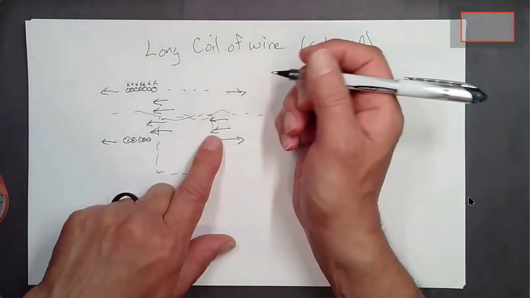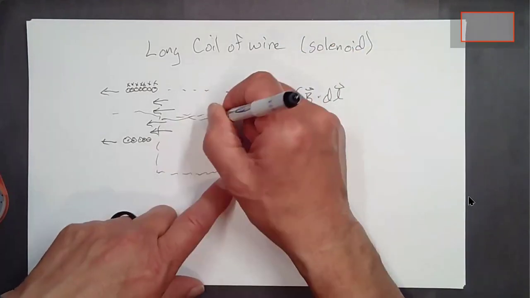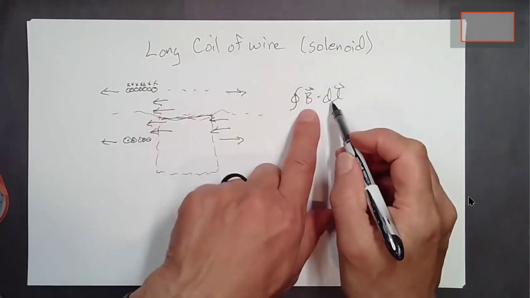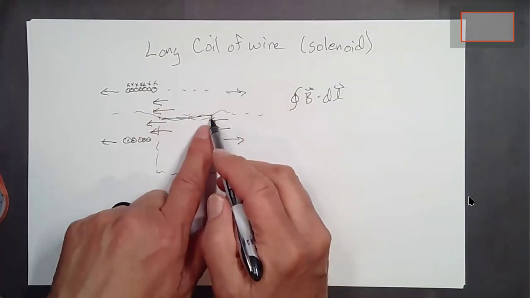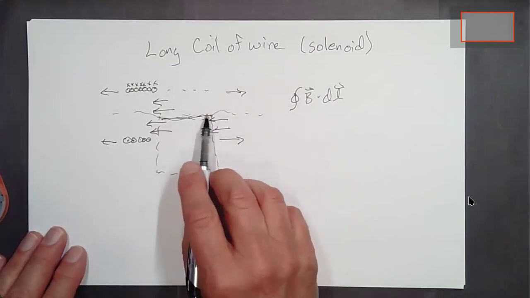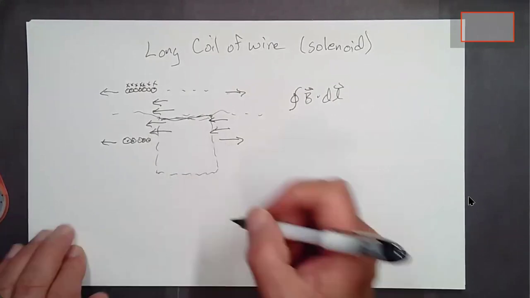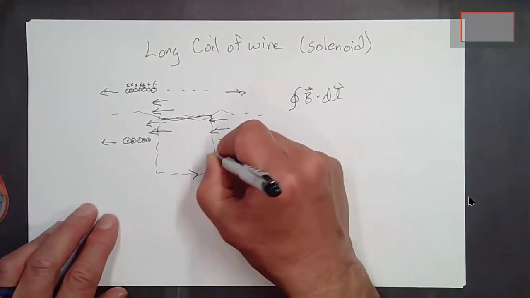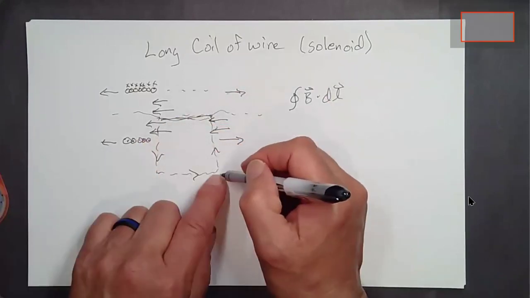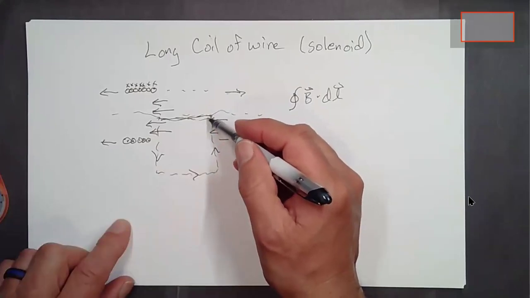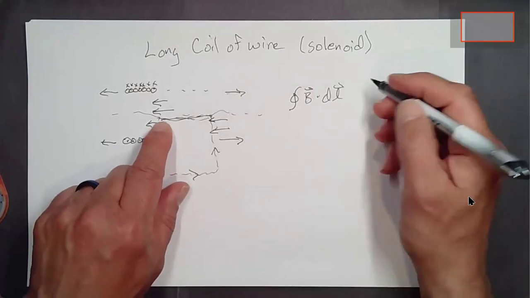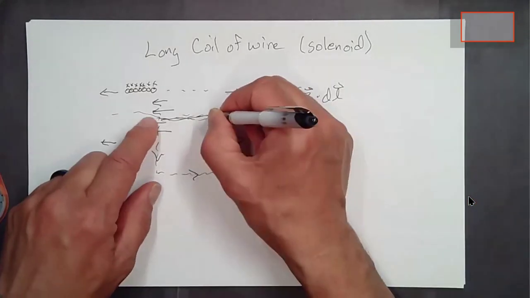And the only place you get contributions to this integral is inside of here, only when you're going in the same direction or opposite the direction of the magnetic field in there. So let's make our integral go in this direction. You get no contribution here, no contribution here, no contribution here, and along here we'll get a contribution that's just going to equal B times whatever this length is.